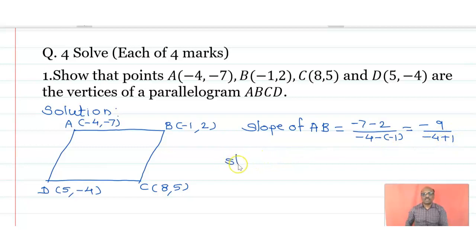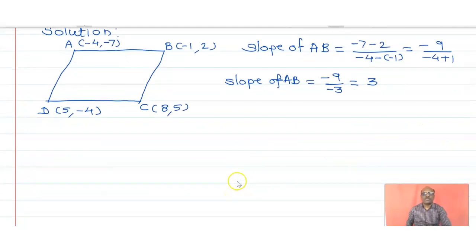Therefore slope of AB is equal to minus 9 upon minus 3, and that is equal to 3. I will write here: slope of AB is equal to 3.